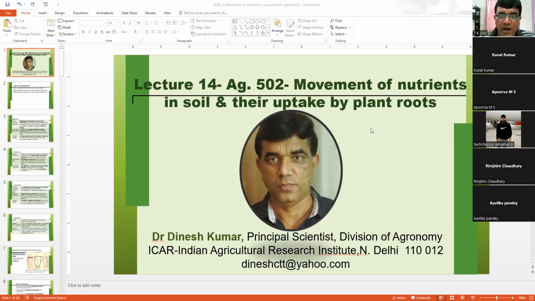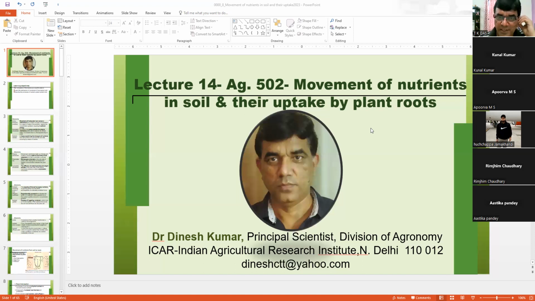And sometimes plant roots can also reach the exchangeable site in the soil and directly contact the nutrients. But mostly nutrients move from the soil solution to the plant root, and then plant roots take up nutrients inside them.